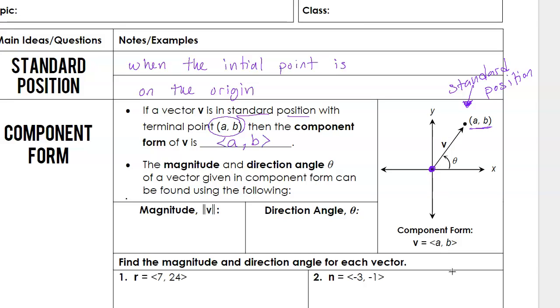Those arrows tell you that that vector is in standard position. It tells you it's starting on the origin. So anytime you see those arrows, you know it's in component form and you know it starts on the origin. So you can think component form starts on origin.